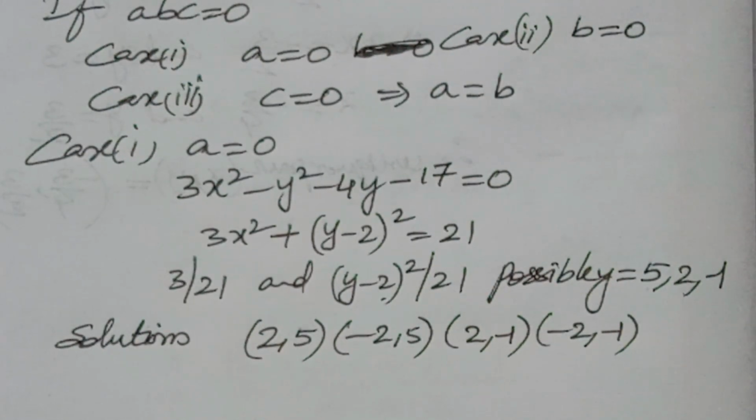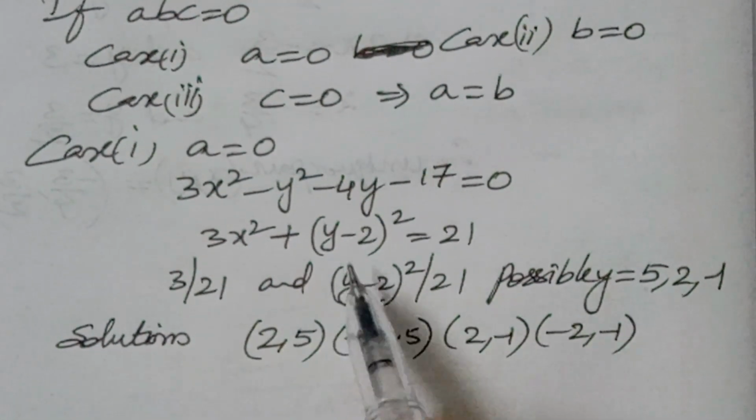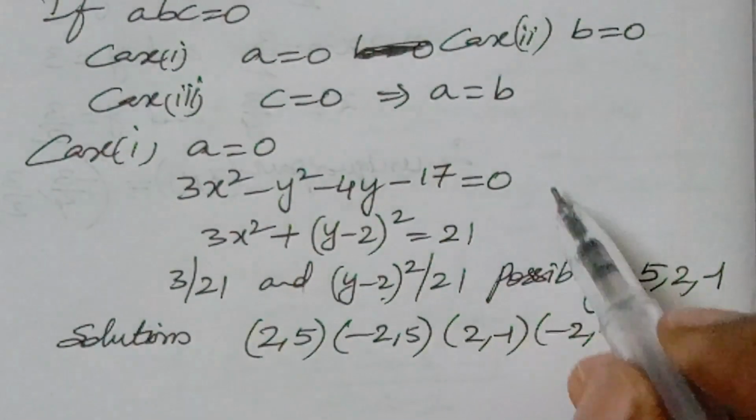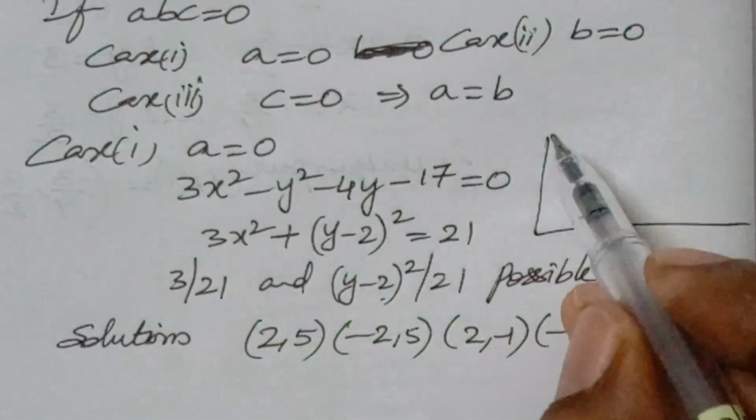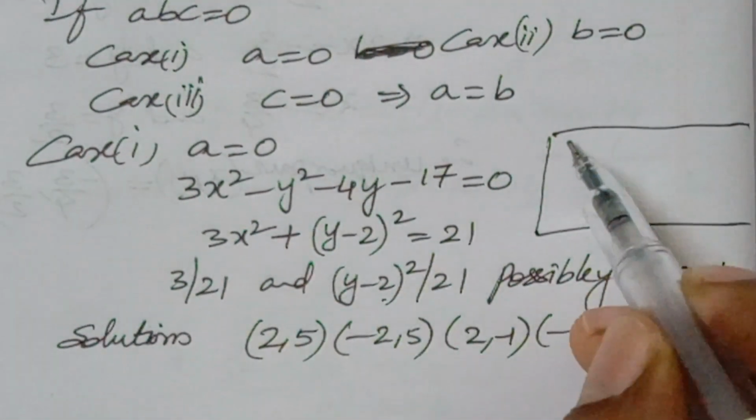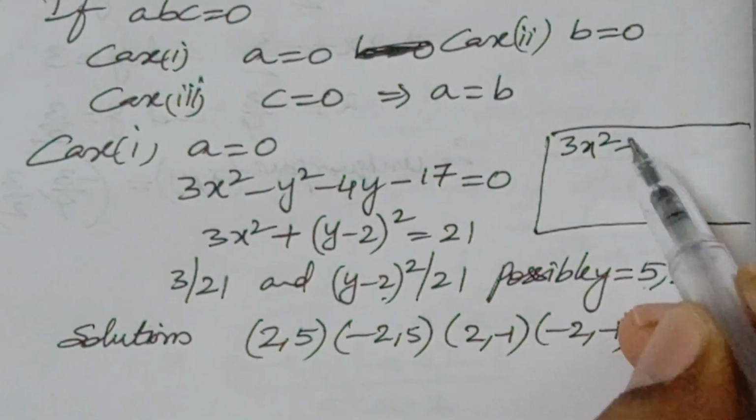So here if you take first value, how you are getting 2 comma 5. So here in the place of y I am taking 5. Just I am showing one case. 3x square plus 9.